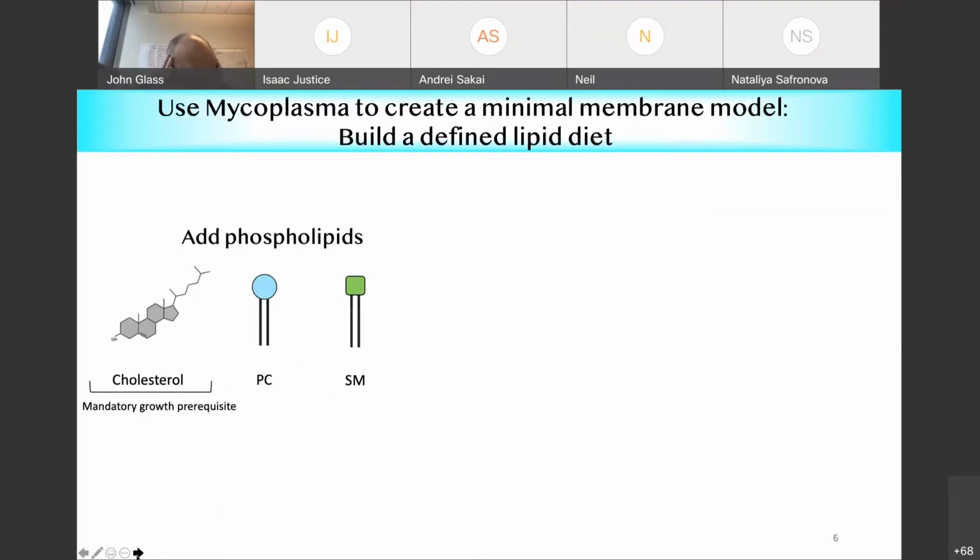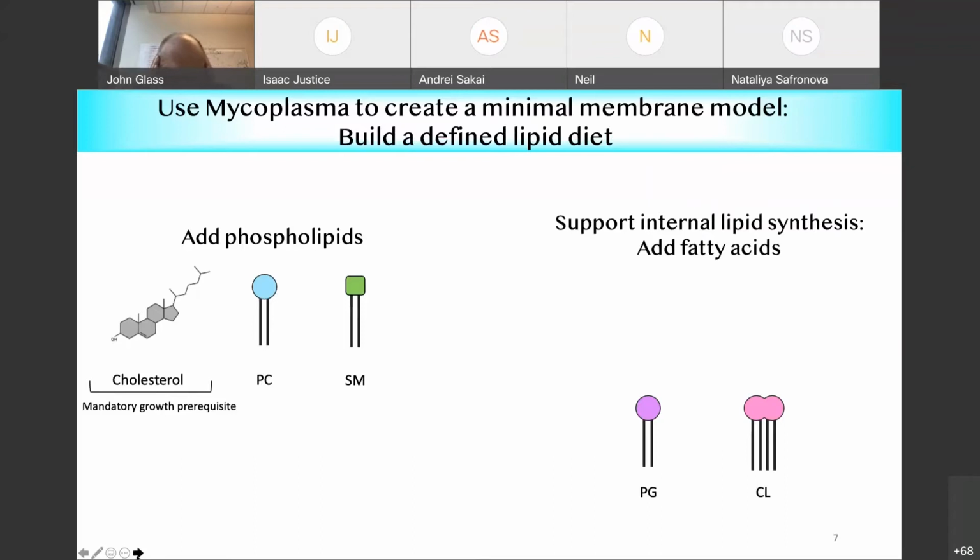And on the other hand, we can also try supporting their internal lipid synthesis by adding fatty acids so they can make their own PG and cardiolipin. Then the question is, which fatty acids do we need to choose so that they can induce their own lipid production?